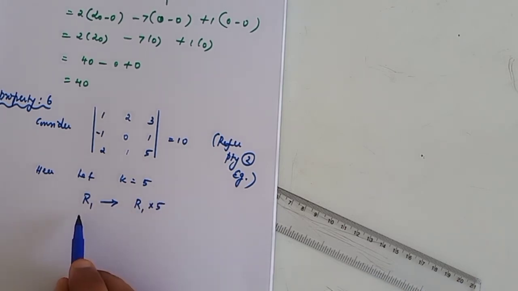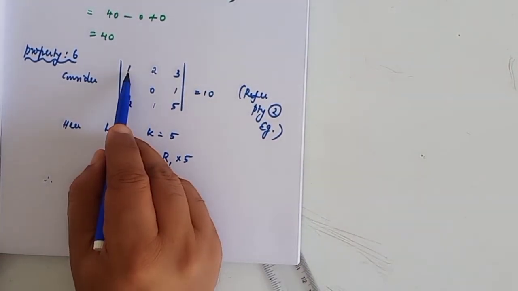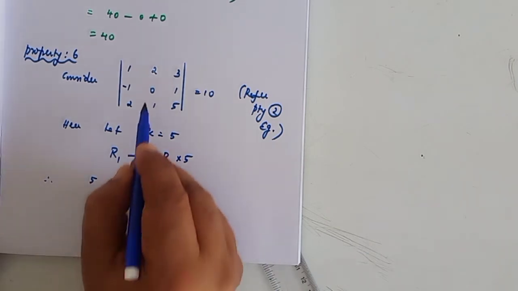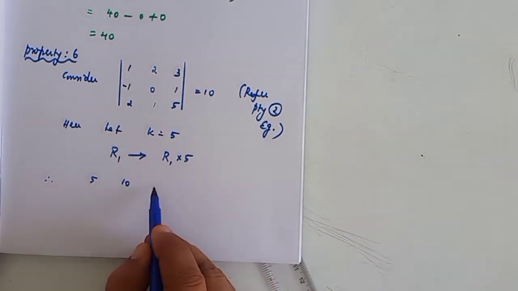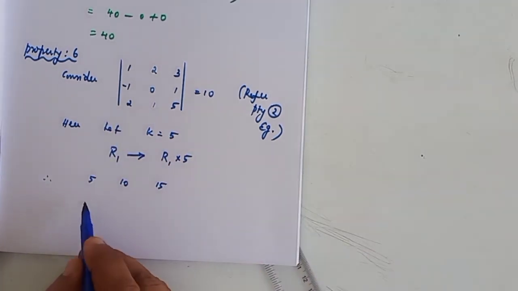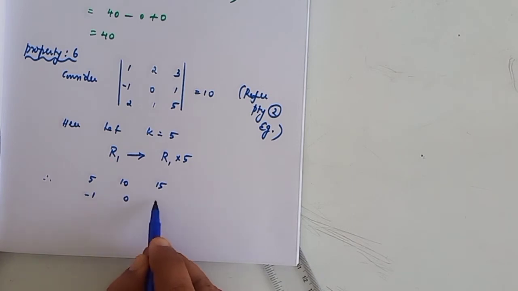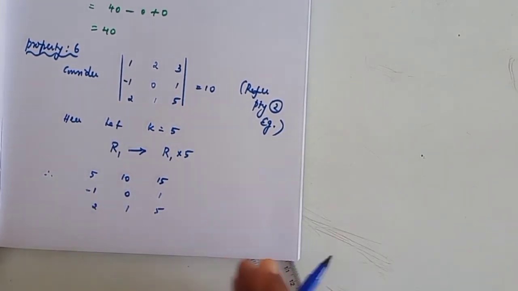R1 refers to row 1. I am multiplying R1 by 5. Therefore, we will be getting 1 into 5, 5, 5 into 2, 10, 3 into 5, that is 15. The second row and third row, write as it is: minus 1, 0, 1, 2, 1, 5.